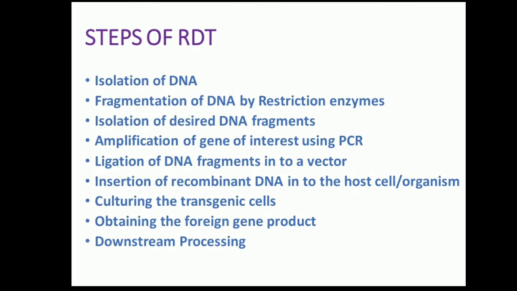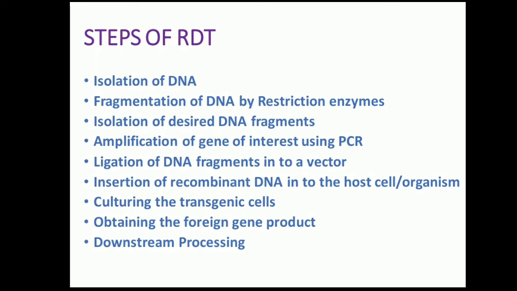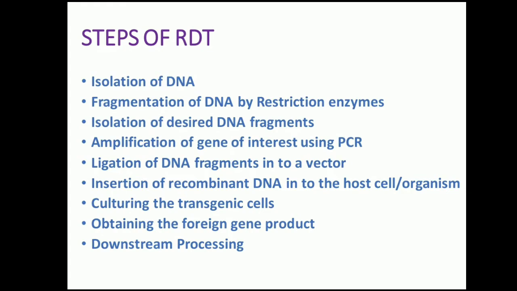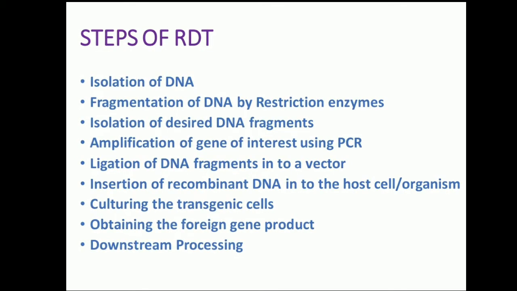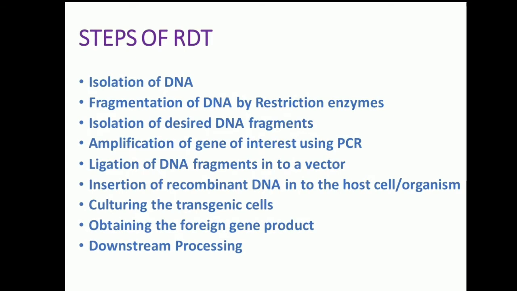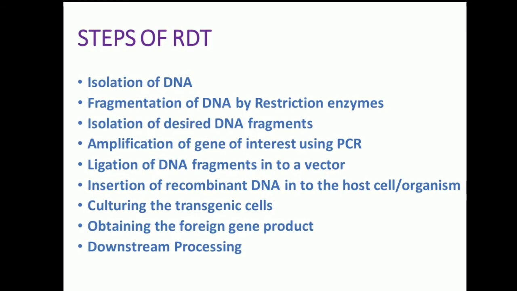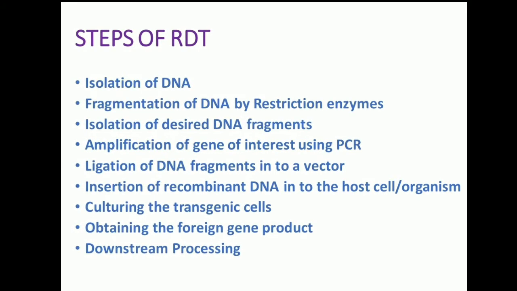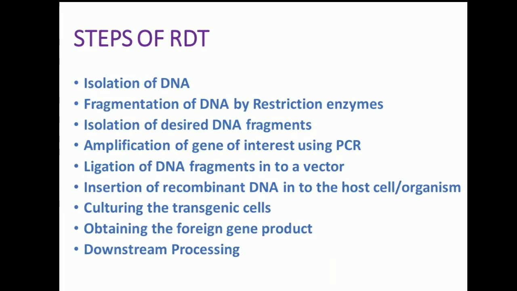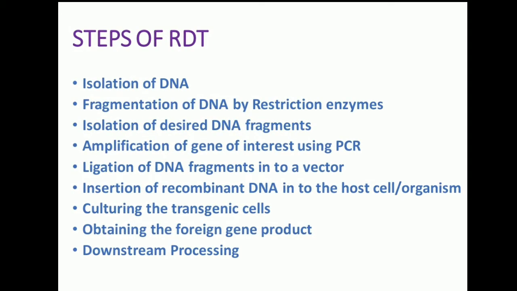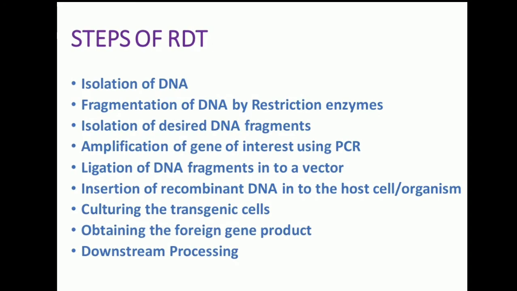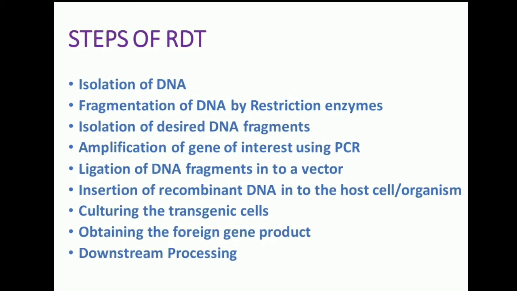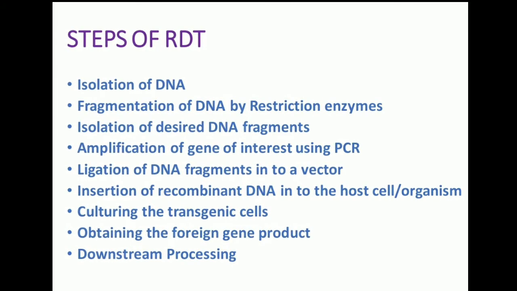After transformation of this recombinant DNA into the host cell, culture those transgenic cells, obtain the product, and finally go for the downstream process: purification, extraction, etc. So, the process of recombinant DNA technology is the same as in the production of vaccine. Let's discuss step by step the production of vaccines.